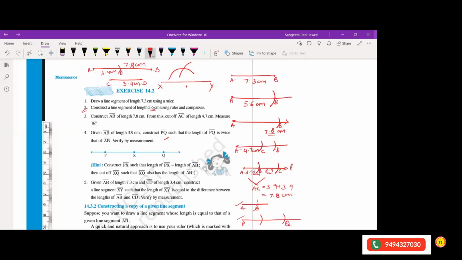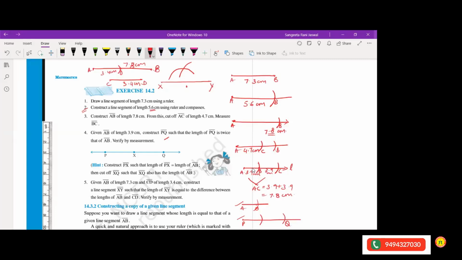On this AB, I have this point now, O. Now from O to B, measure this much with your compass. Measure O to B with your compass and needle. Done.